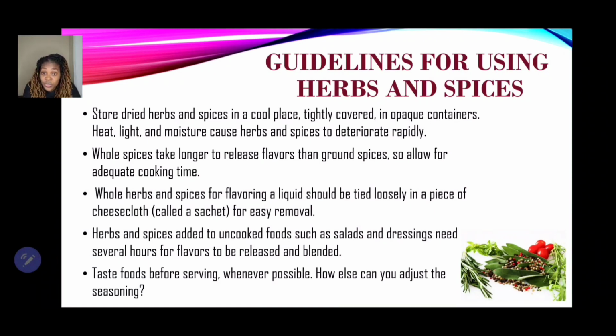It may be stews. Good. It may be stock. What we do is tie these herbs and spices in a cheesecloth bag, and the proper name for that is called a sachet, right? So it's right here in bracket, guys. A sachet for easy removal.